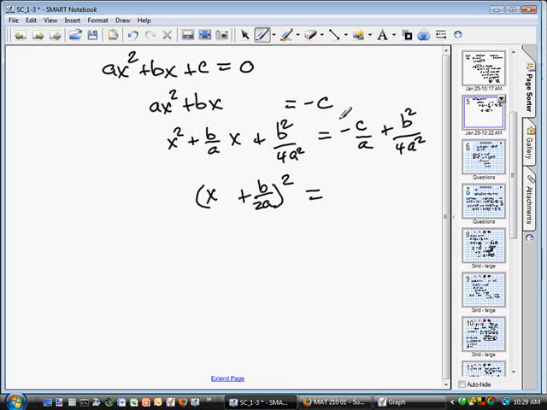So top and bottom, we're multiplying by 4a. Will that not give me 4a squared in both cases? Yes. So I could write this as one big happy fraction. Do you see where I got that? Isn't 4a times minus c minus 4ac?